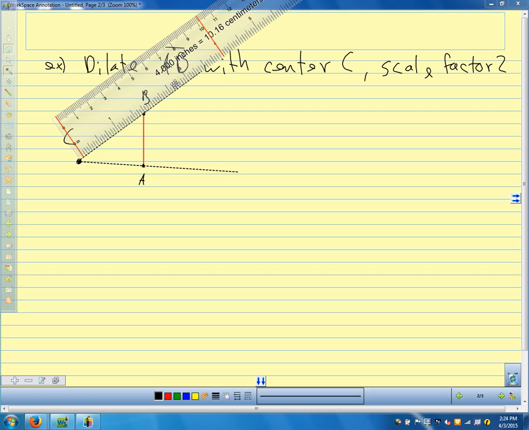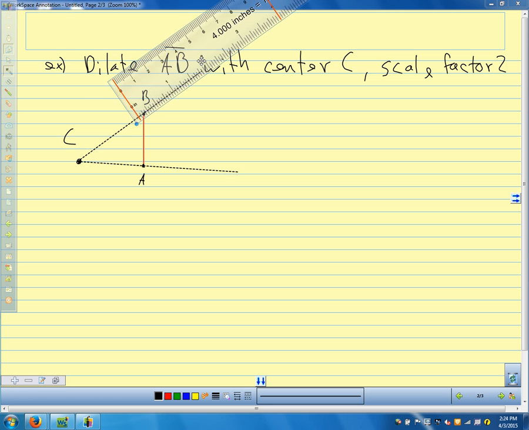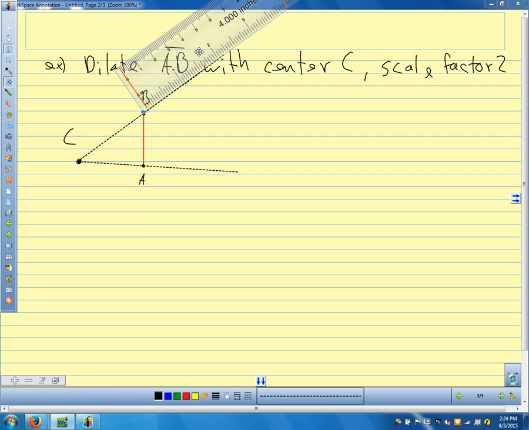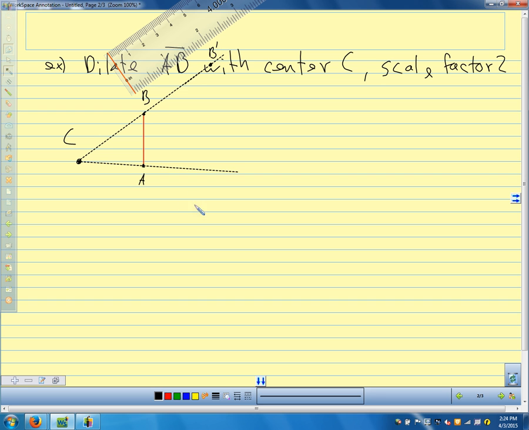So I need my image point to be twice as far, about 1 3/4 inches from B. I need to extend my ray a little bit, because I didn't make it quite long enough. So my point is going to go right there. There's B prime.